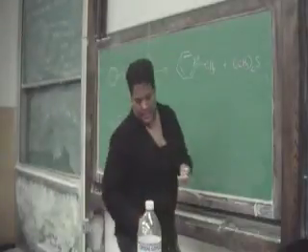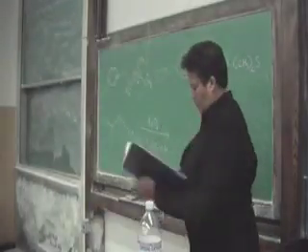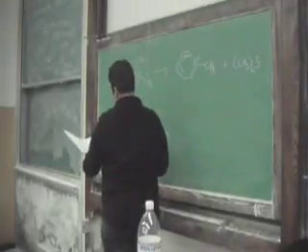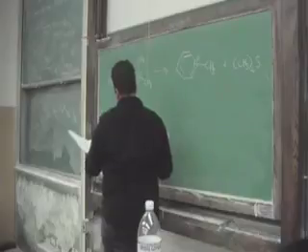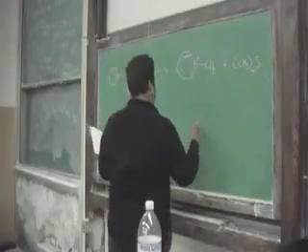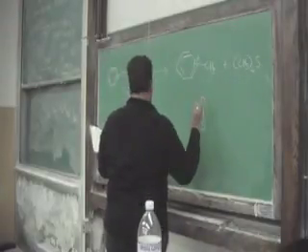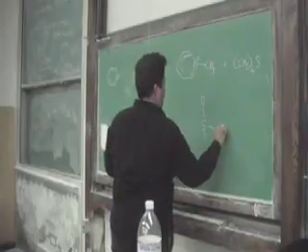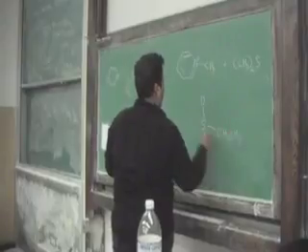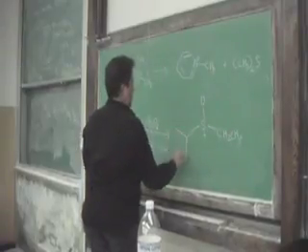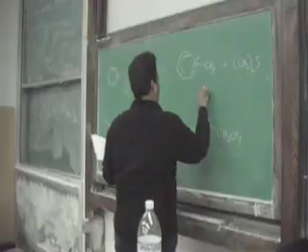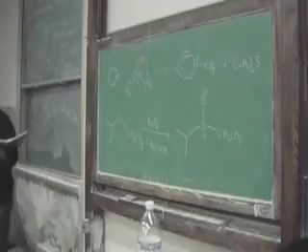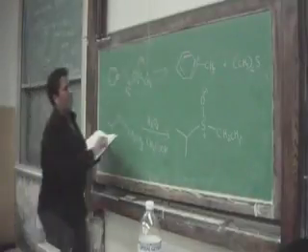Because in oxidizing a sulfide, if you did it once, you get a species like that, which is called a sulfoxide.